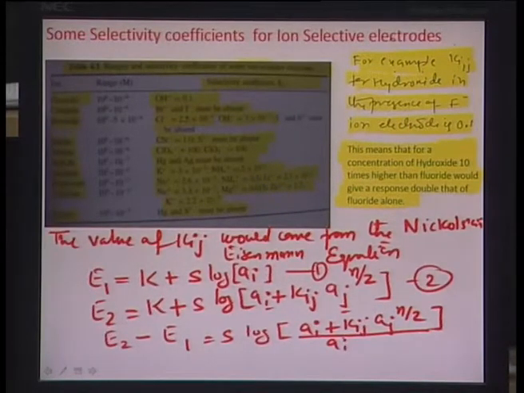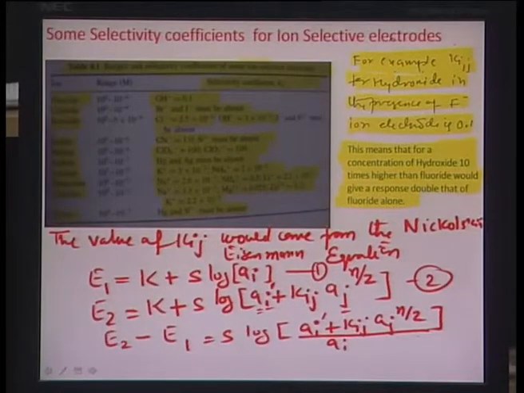And here this is actually the modified activity. Let us assume that this modified activity is Ai dash. Okay, this is no longer Ai, because Ai is the activity of the ion in the presence of none other, and Ai dash is the modified activity of the ion in the presence of the ion J.